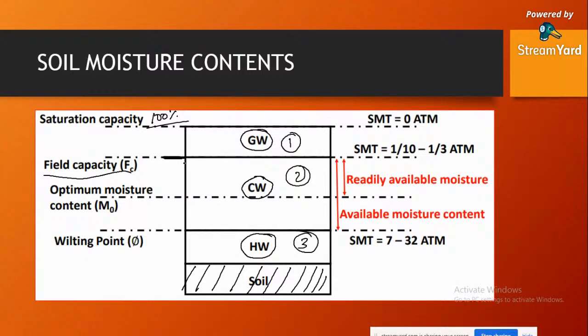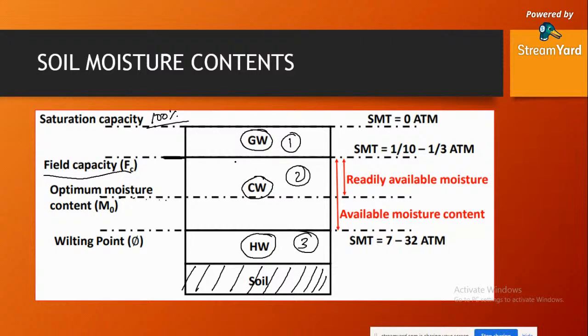That is called field capacity. And this is the factor of safety, the optimum moisture content.